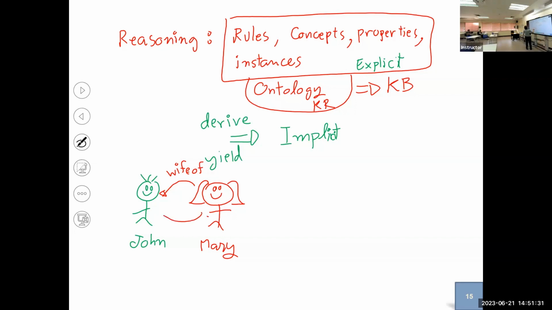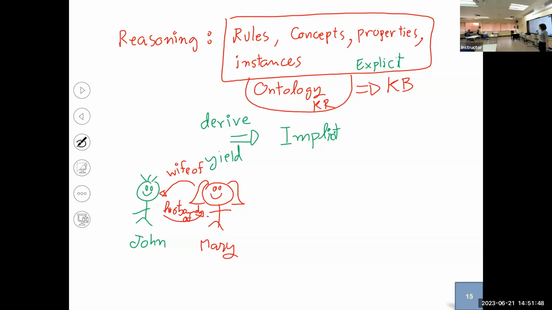Yes. So John is a husband of Mary. But how do we know that? Is it known by everyone?